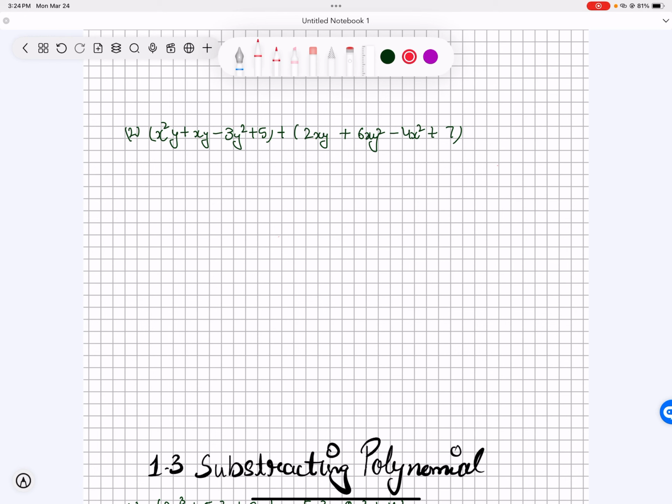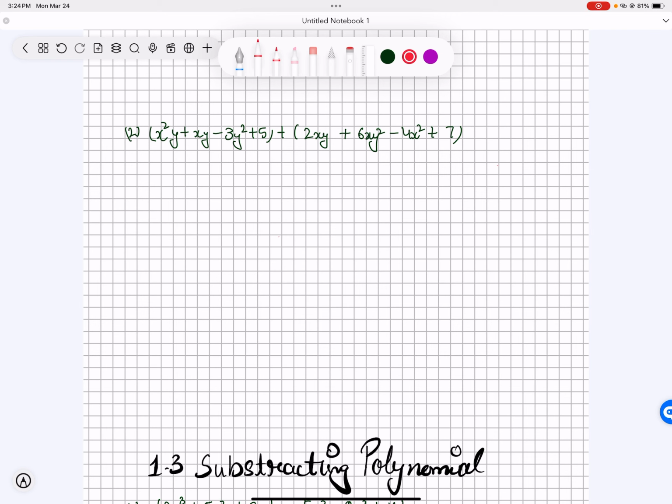And then in order to solve that, we're gonna do the same thing. We're gonna assume 1, and then we're gonna multiply that by the whole thing.